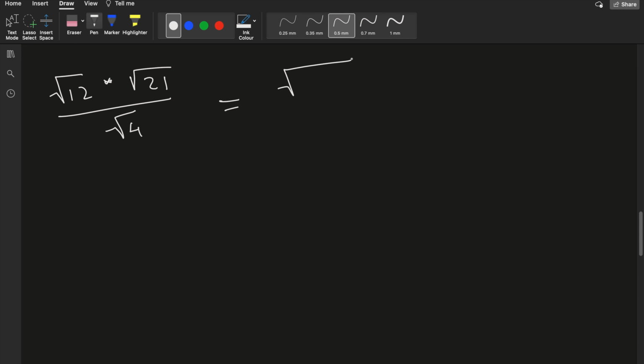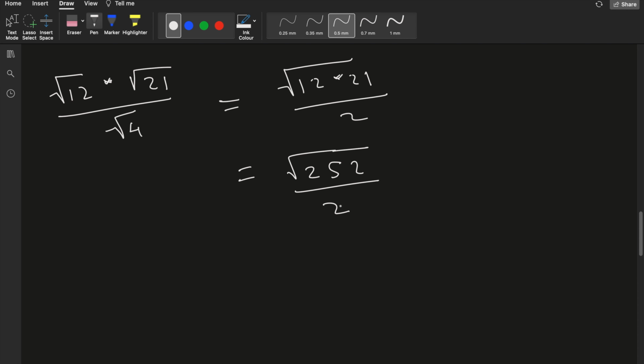So that would be square root of 12 into 21 divided by 2, using one of the properties. 12 into 21 is 252 divided by 2. We could simplify this. You can just use a calculator, and we get 6 root 7 divided by 2.